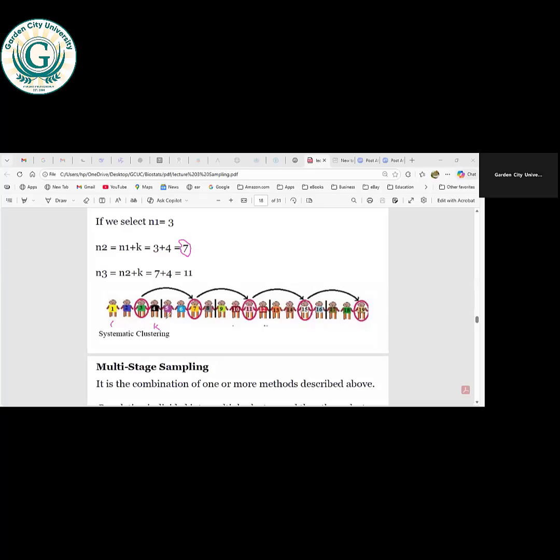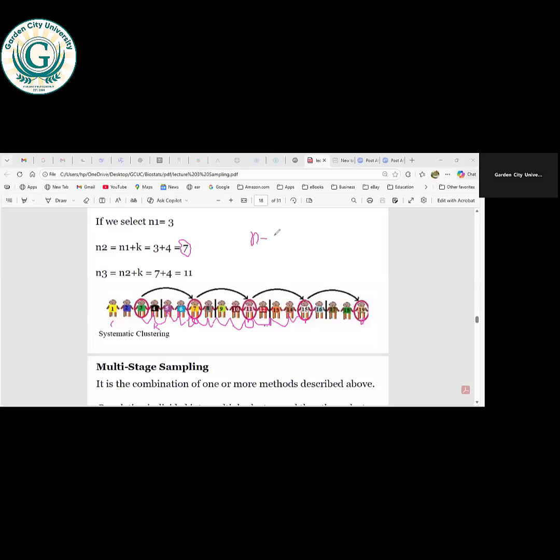Or you can move in steps. So 1, 2, 3, 4. Then you select this guy, because we are selecting every 4th item. Now we count 4 and select: 1, 2, 3, 4. Then we select this guy. Then we count 4: 1, 2, 3, 4. We select this guy. We count another 4: 1, 2, 3, 4. At the end of the day, you selected how many individuals? The 5 that we want.